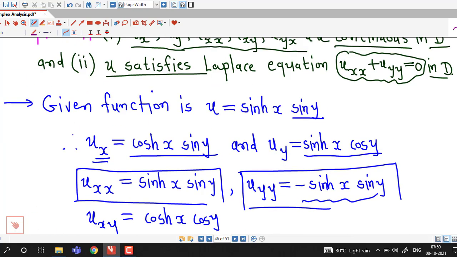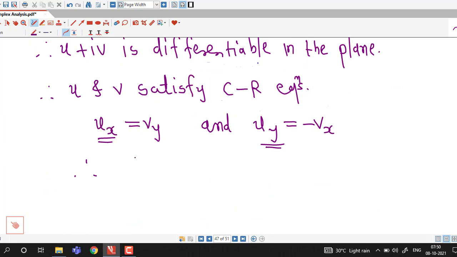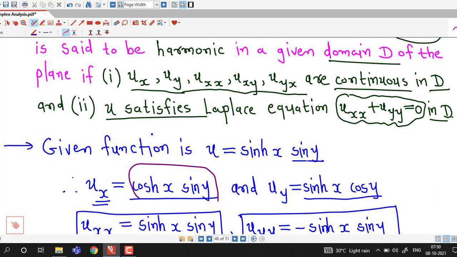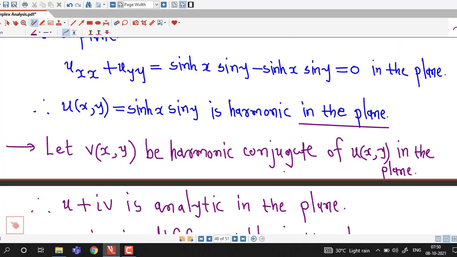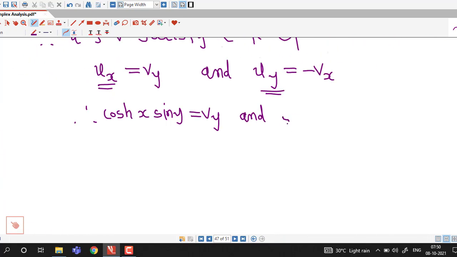So del u by del x is cos hyperbolic x sin y equal to del v by del y, and del u by del y is sin hyperbolic x into cos y, that is the value of del u by del y equal to minus del v by del x.